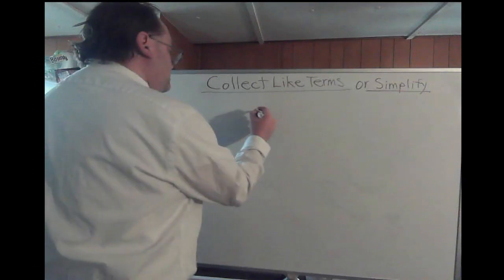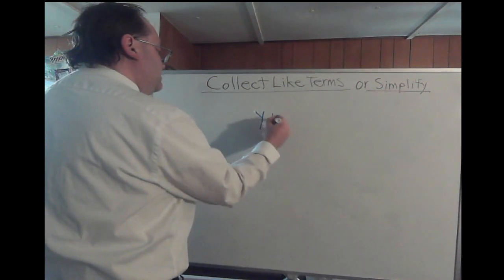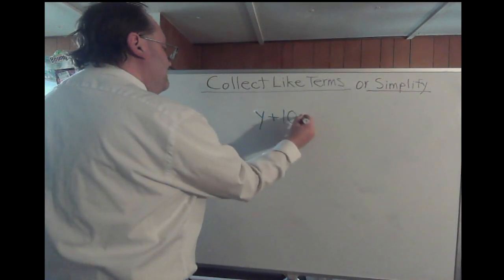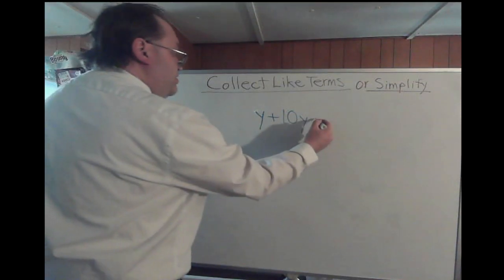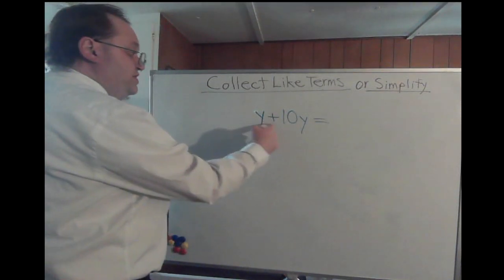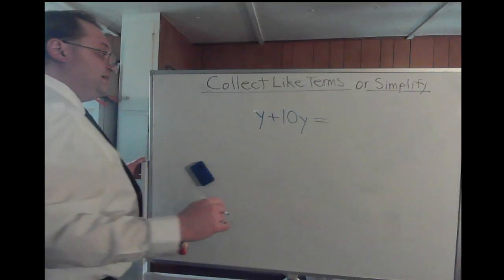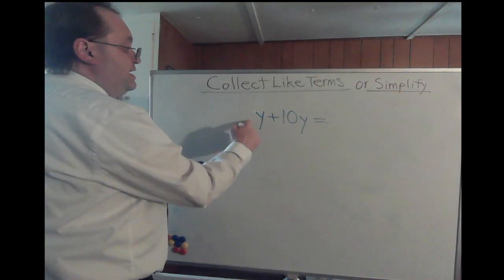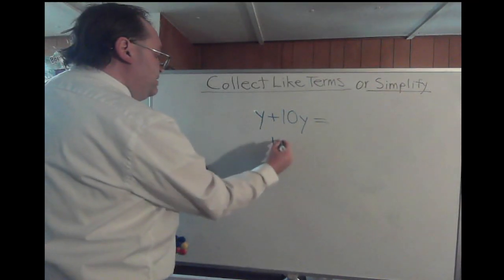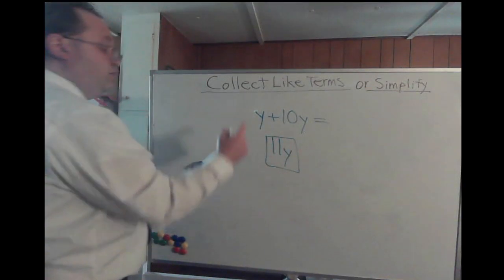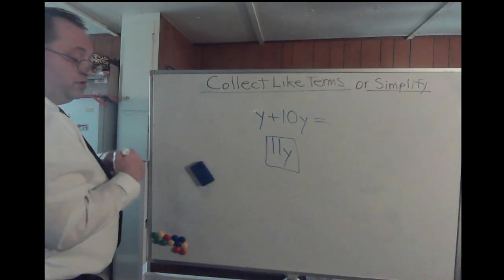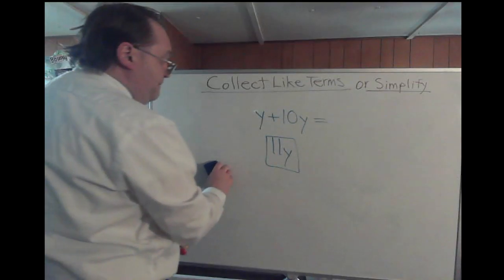Another one. Alright, we got y plus 10y. Again, you're going to keep the variable because they both have the same variable. You're just going to add the coefficients. That y is 1y, so you'll add 1 plus 10, that would equal 11. So the answer you would get when you simplify or collect like terms, however your book words it, is 11y.